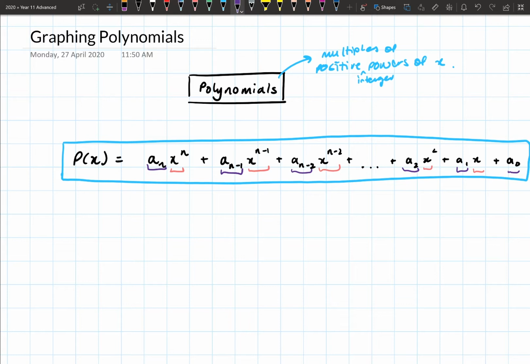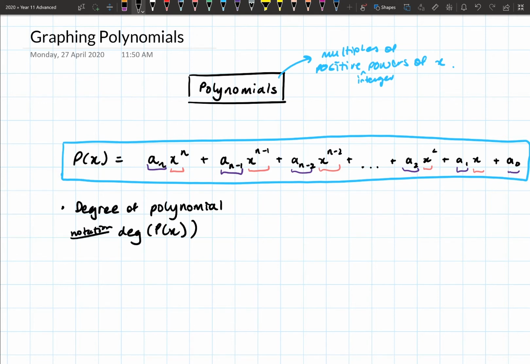Now I'm going to break down a few of the key terms that you need to know with polynomials. The first one is the degree of a polynomial. Mathematicians often write this as deg p(x). This is notation, short for degree of a polynomial.